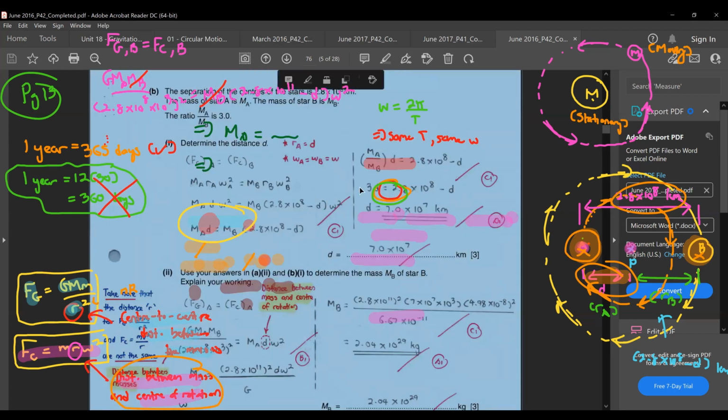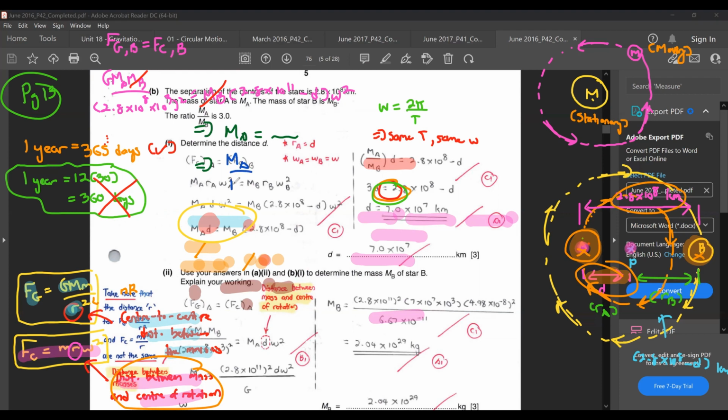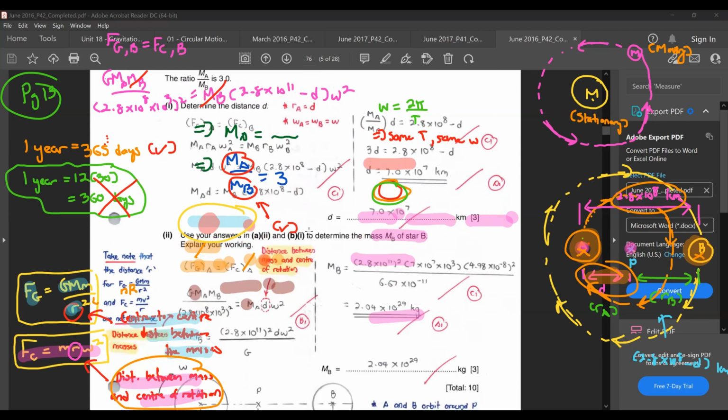You can find out what MA is first, and then subsequently using the information that MA to MB is 3, if you know MA, you'll be able to find out what MB is. Okay, so you could also do that if you wanted to. You can turn it around, but that one makes your calculation longer, all right? But you can still solve it, all right?